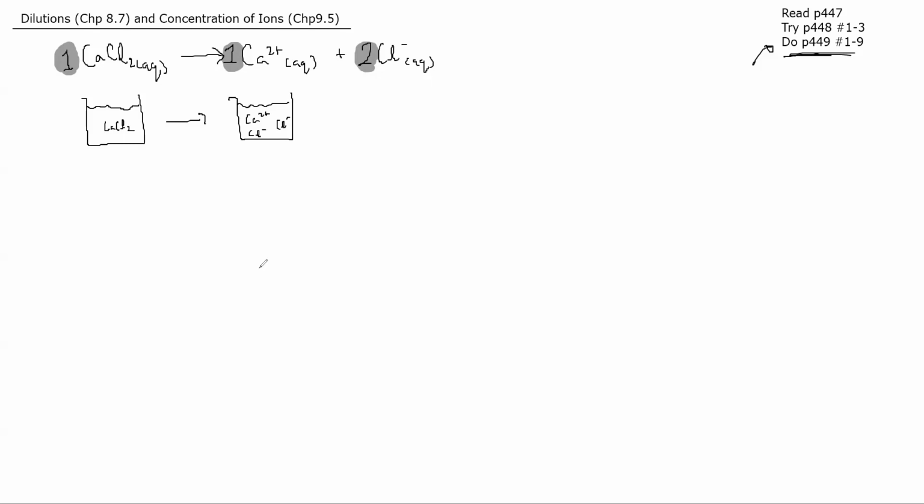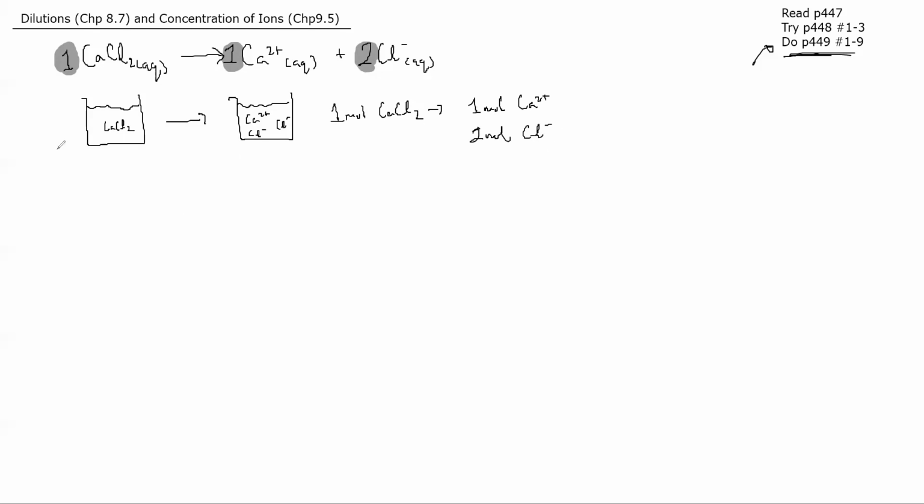And because this is in fact true, we need to make sure that we are using mole ratios. What do I mean by that? If I have a single mole of calcium chloride, that will turn into a single mole of calcium and 2 moles of chloride ions.